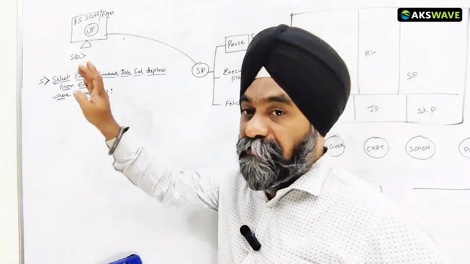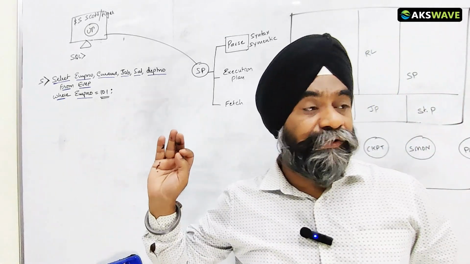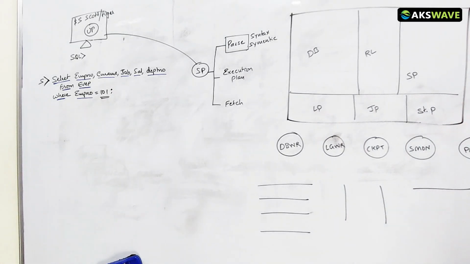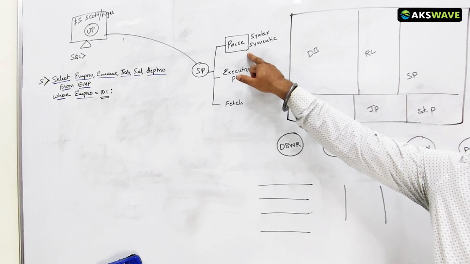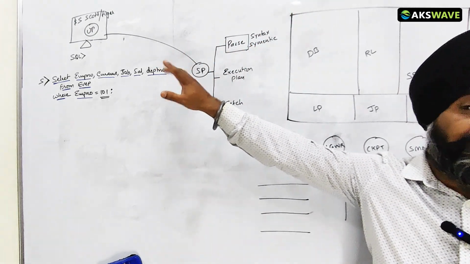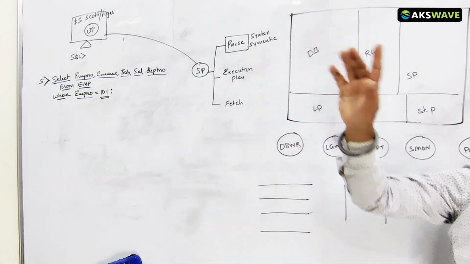Semantic checks: table exists or not, column exists or not, the user as you connected, that user has access on the table or not, that user has permissions to access those columns or not. All these checks are called as semantic checks. These are all done in what stage? Parsing. Once parsing is done, okay, everything is fine, then it will proceed to the next stage called execution plan.